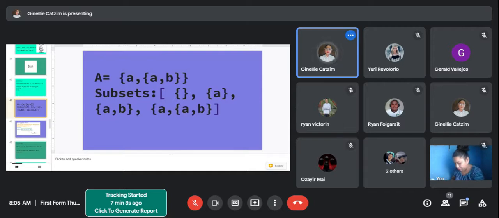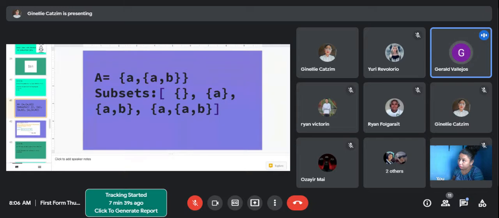Because the null set is a subset of A, we say that A is the superset, right? The set A there is the superset. The subsets are listed below, and all the subsets together are the power set, right? Do we get this now? Or do you want me to repeat?